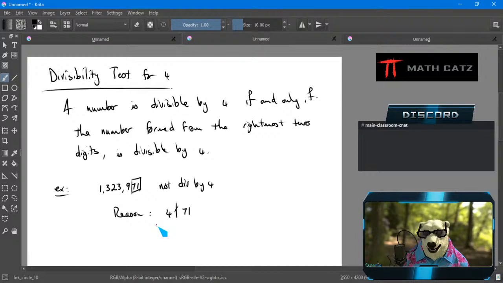So the whole point of a divisibility test is to very quickly make the decision, or conclusion, yes, it's divisible, no, it's not, by looking at a small number. And in the case of 4, that small number is formed from the last 2 digits. All right. How do we feel about the divisibility test for 4?